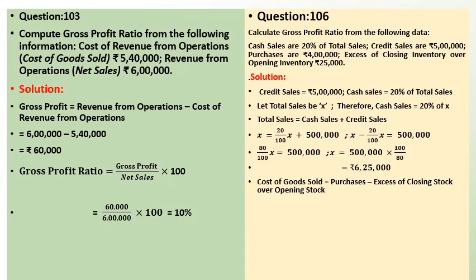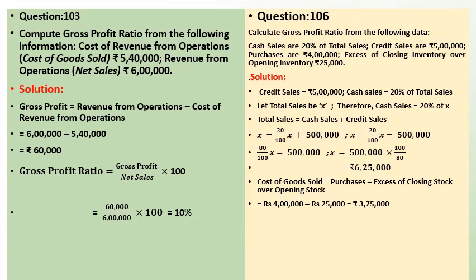Now cost of goods sold is equal to purchase minus excess of closing stock over opening stock. We can use this formula, opening stock plus net purchase minus closing stock, but since the change in stock, closing stock minus opening stock, is already given, we'll use that one.